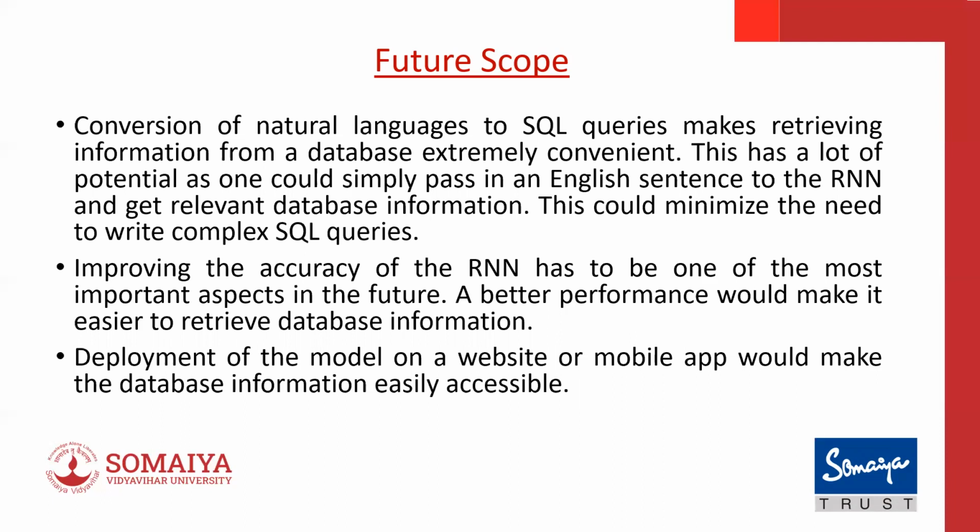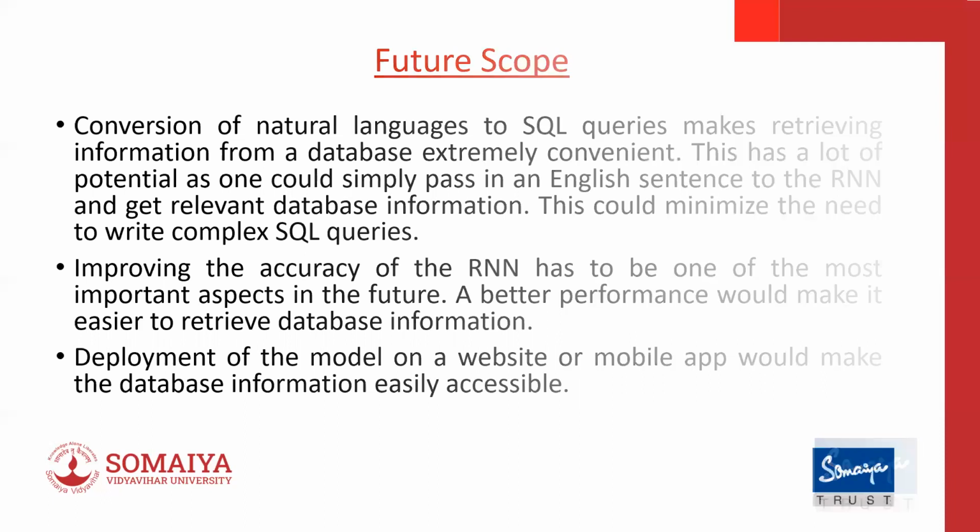And deployment of the model on a website or any kind of mobile app would make getting information from the database very easy, because all you have to do is type the information you want in English. The neural network will convert it into an SQL query, execute it against a database, and then directly give you the output.